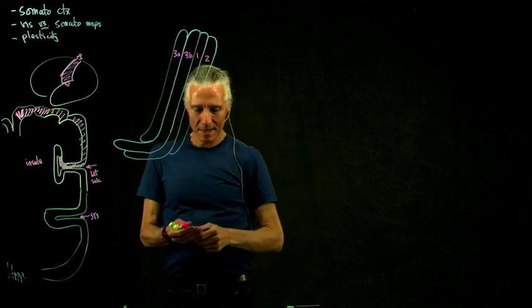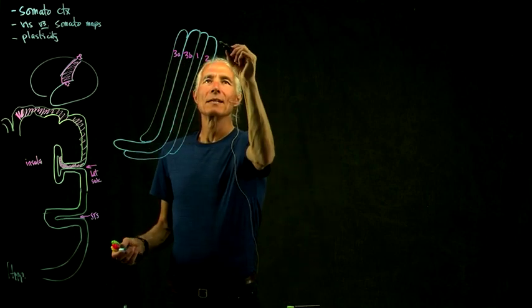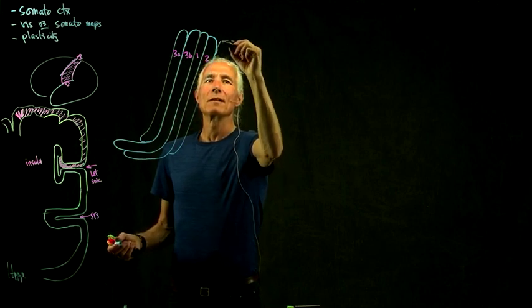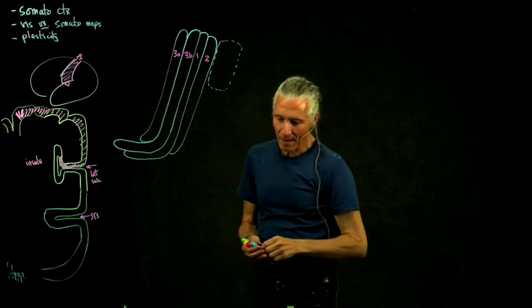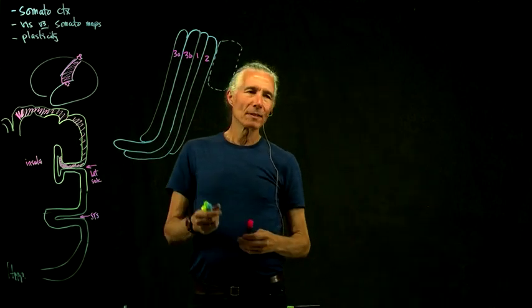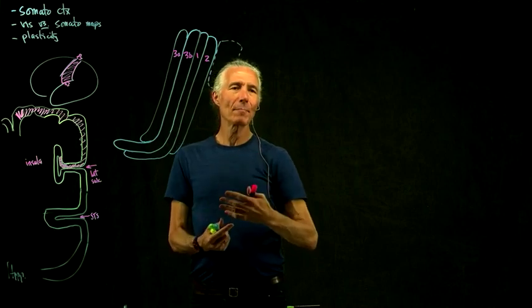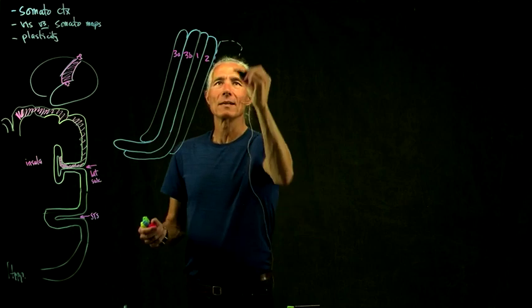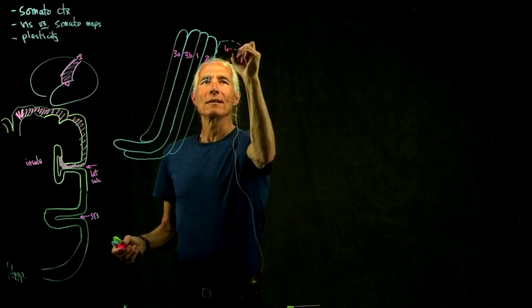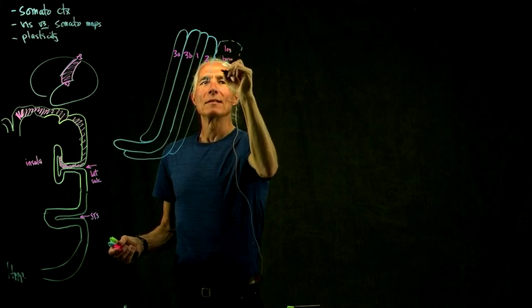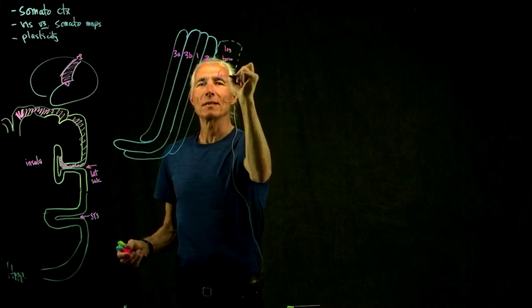But it turns out if you actually look at this region here, you pretty much have a map of the body surface pasted on top of a map of the visual world. And so the leg is down here, and the torso, and then the face, a big face representation there.